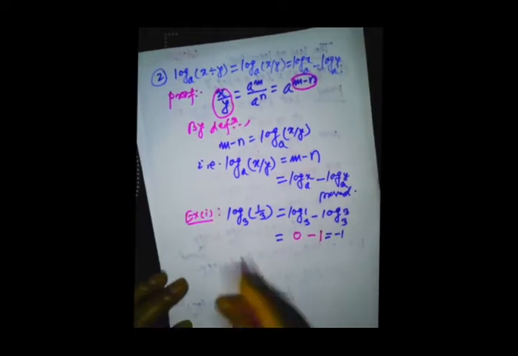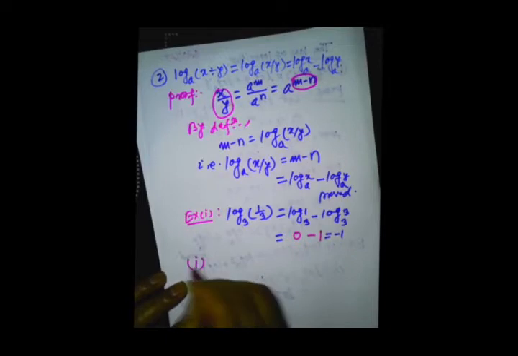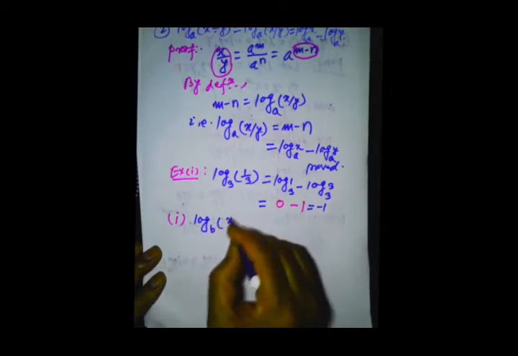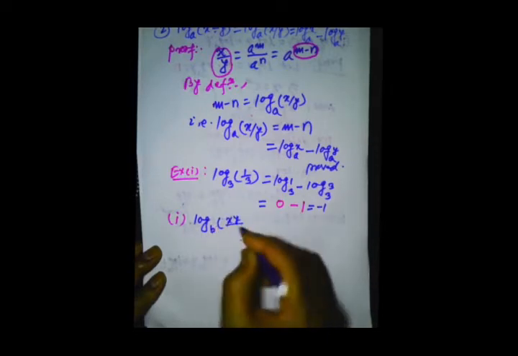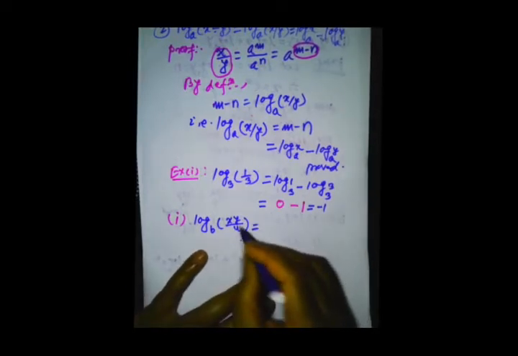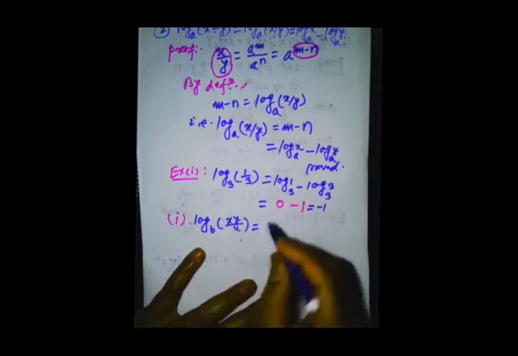If you'd like to see another example, let's take log to any base b. For example, suppose xy divided by u. Then how do you expand it? You can use both formulas, the product rule and the quotient rule for the logarithm.